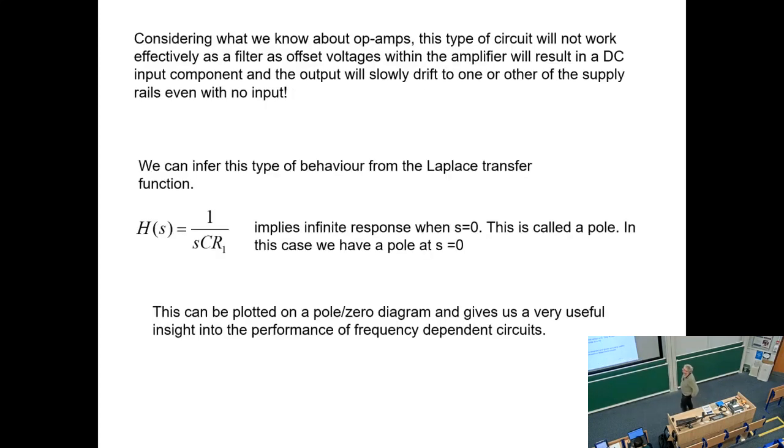Considering what we know about op-amps, this type of circuit will not work effectively as a filter because of offset voltages in the op-amp. There will always be a small DC input into your op-amp because we can never get 0 in and 0 out from an op-amp. There's always going to be an offset, which means it's always going to drift.